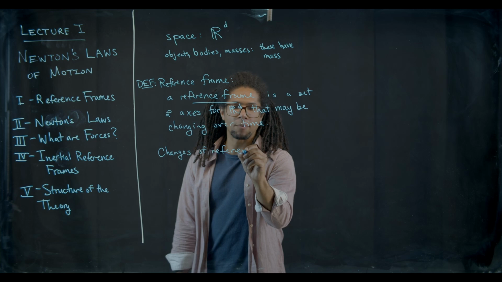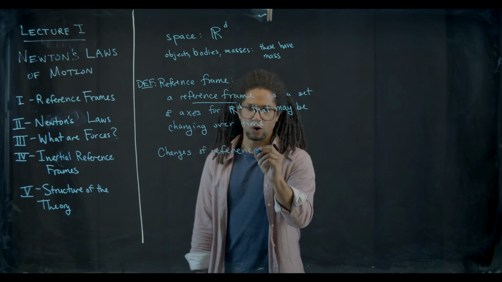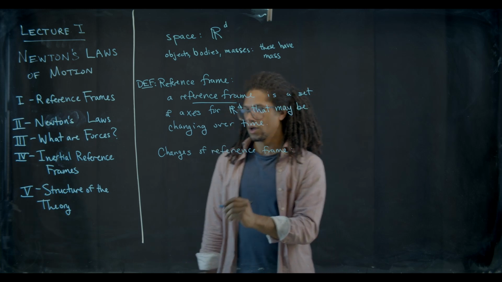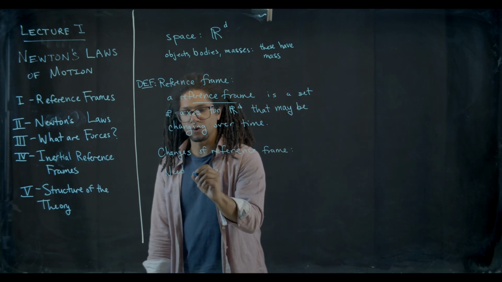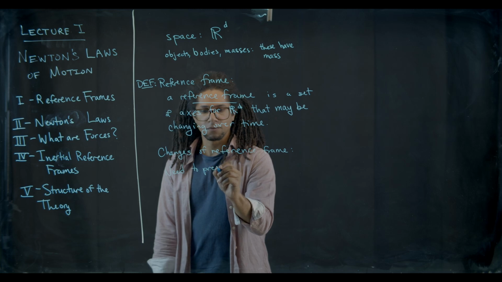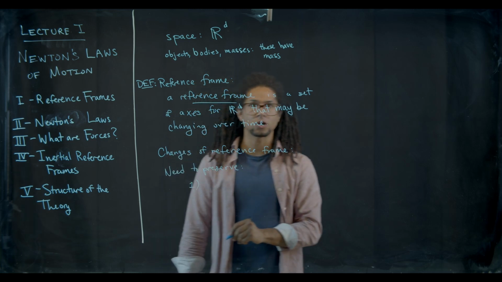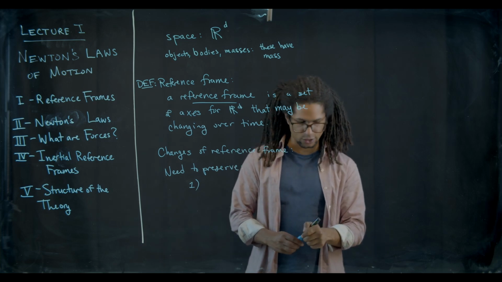So when we change a reference frame, what properties should we always want? We definitely need to preserve two things. The first is angles between vectors.